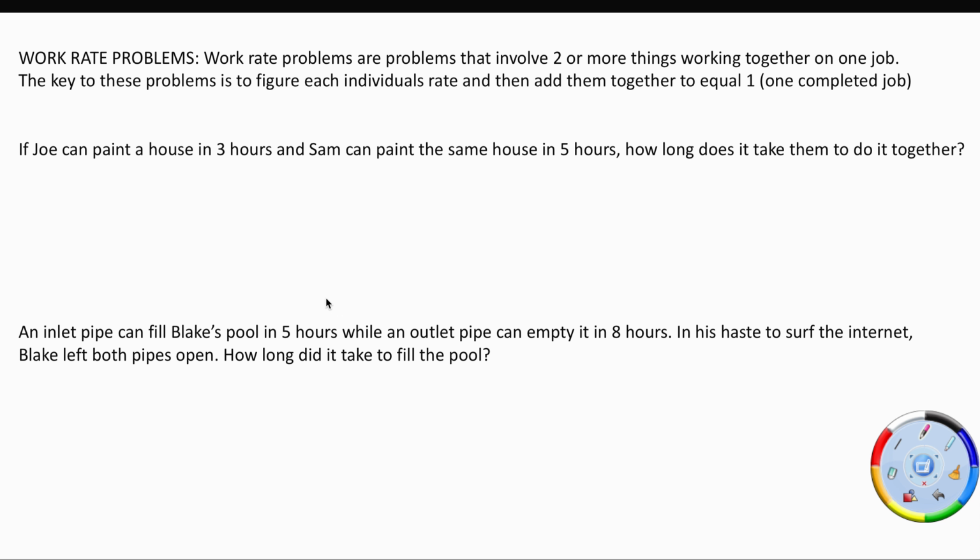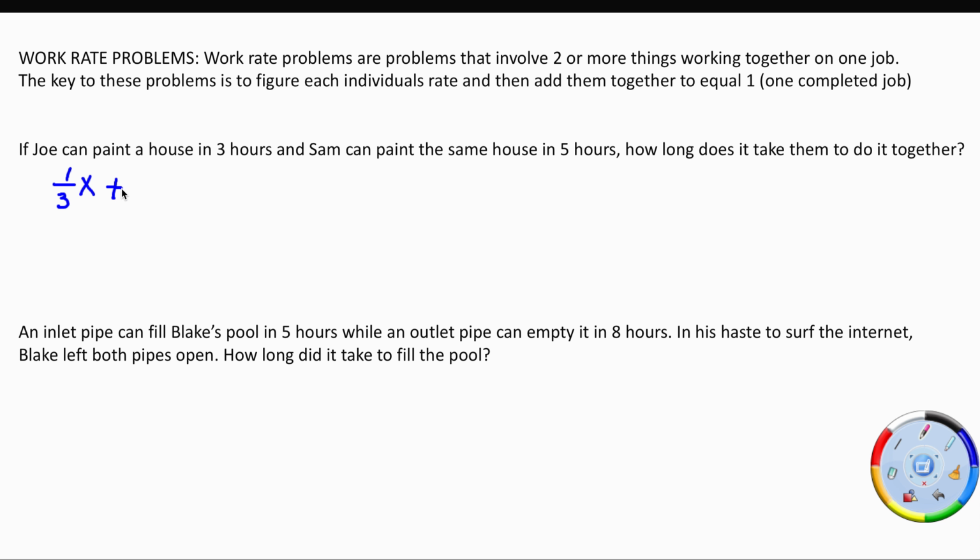All right, so I do each individual speed. Joe is going 1/3 of the house per hour times the time. You can use a T here if you want for time, but it's 1/3 times the number of hours. So our x or our t is the number of hours they're working.